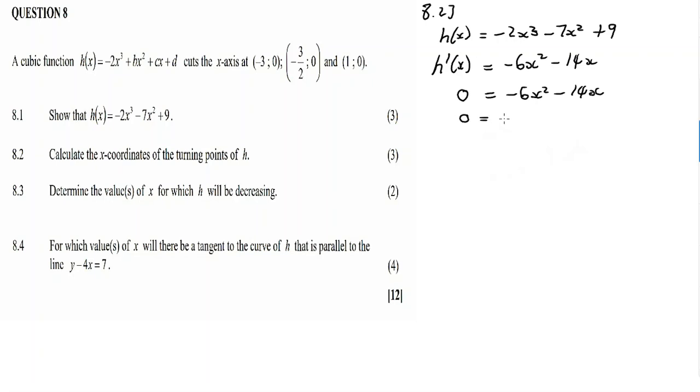0 is equal to x times minus 6x minus 14, then x is equal to 0, or minus 6x minus 14 is equal to 0. Minus 6x is equal to positive 14, divide by minus 6, divide by minus 6, x is equal to negative 7 over 3.